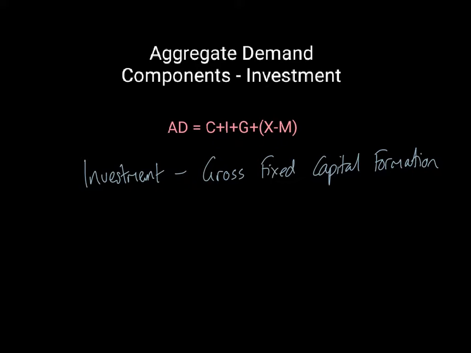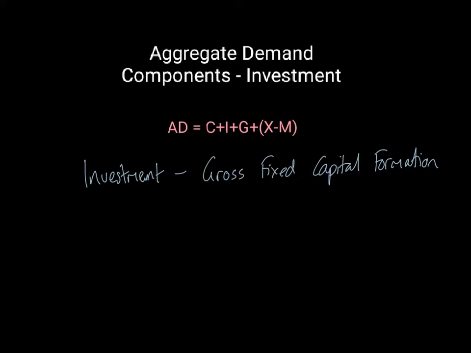The other bit we need to think about is what gross means. The alternative to gross is net. When we're talking about investment, gross investment, which is what we're talking about here, is the total amount spent on the creation of fixed capital.